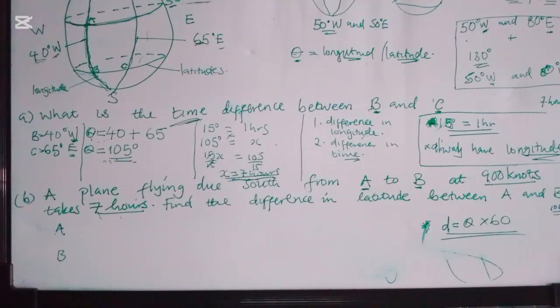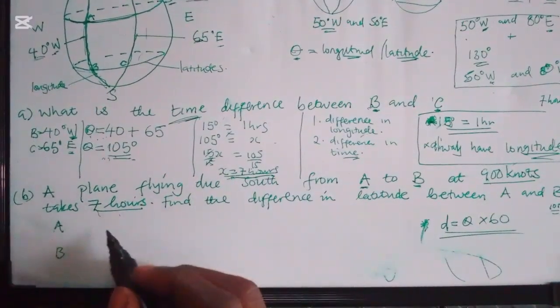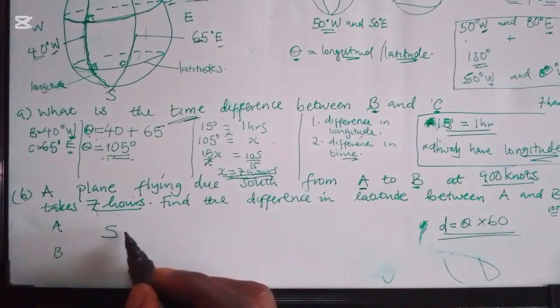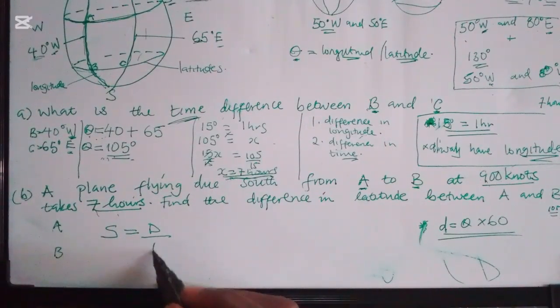Why are we using this formula? Because we don't have the other latitude. But this formula directly will calculate what? The difference.